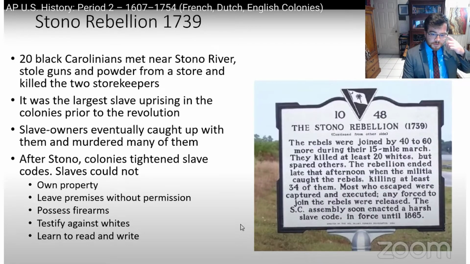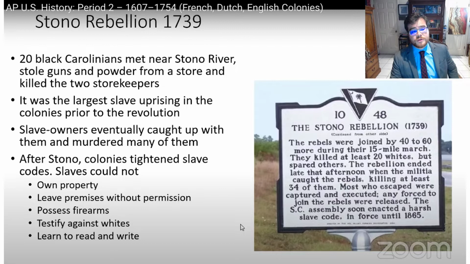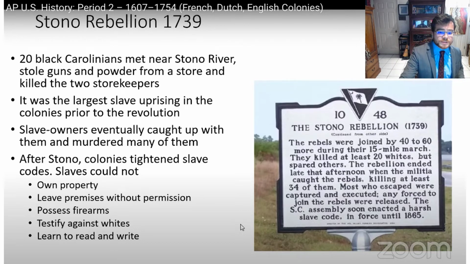One particular all-out rebellion is the Stono Rebellion, and you have to commit this to memory. It's an example or contextualization you could use for your DBQ if it deals with slavery, because slavery establishes its roots in period 2, but it grows and expands in period 3, period 4, period 5.